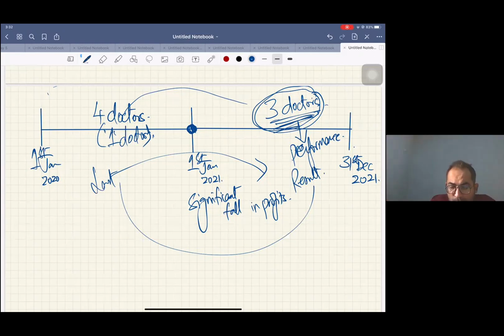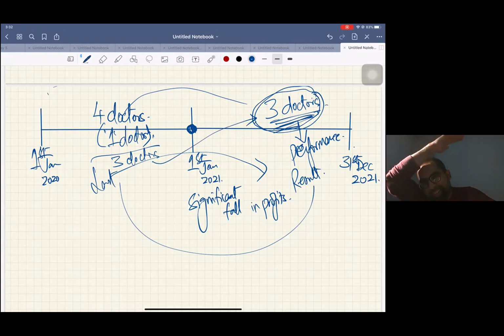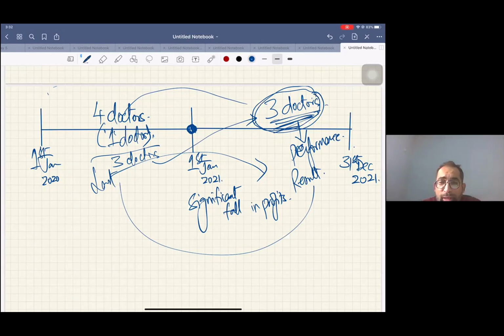So now the three doctors' results from last year you compare with the current year three doctors' results. You will come to know the real decline in profits and performance of these three doctors. So this way we do analysis, and this is a very interesting analysis.